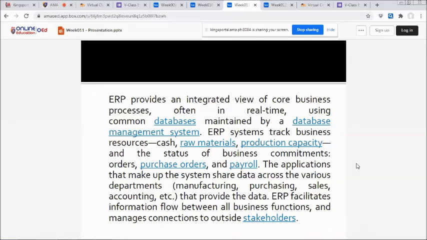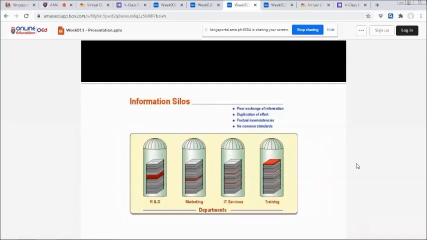This inefficiency was particularly evident in business processes that involved more than one functional area such as procurement and fulfillment. Information silos mean poor exchange of information, duplication of effort, factual inconsistencies, and no common standards. This figure is an example of information silos.